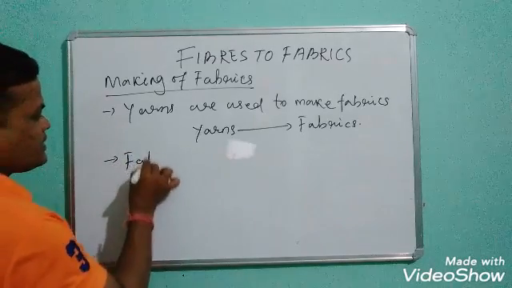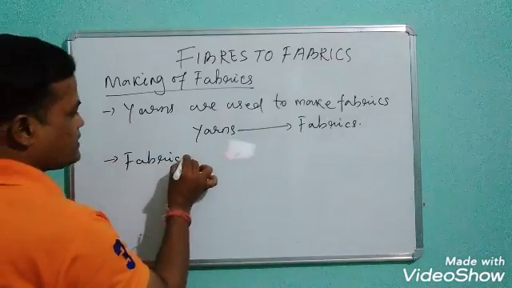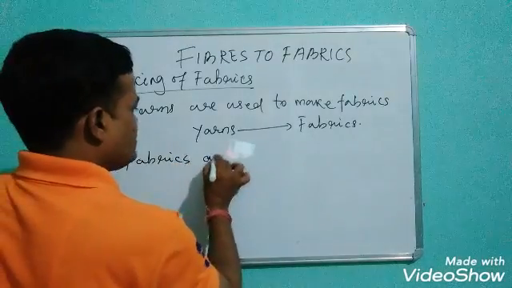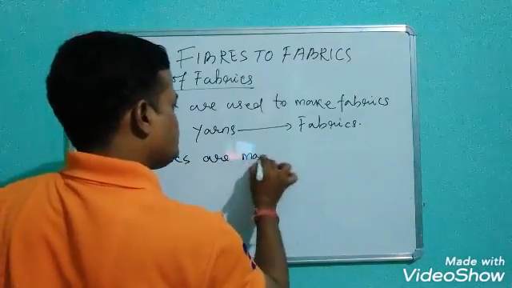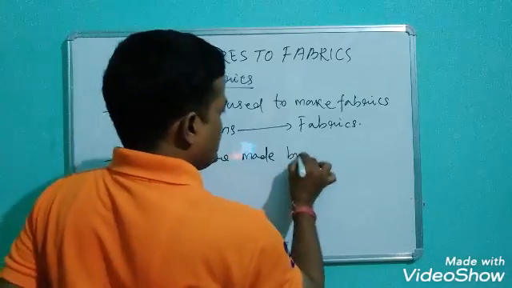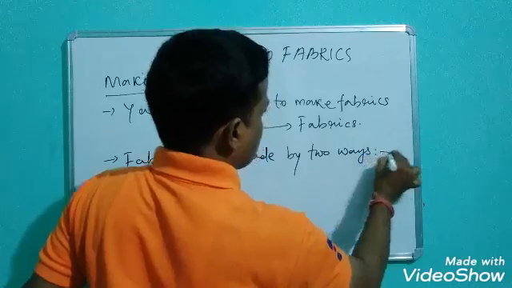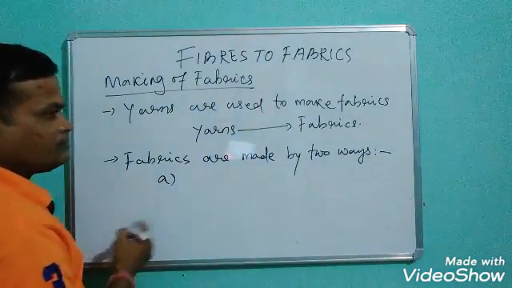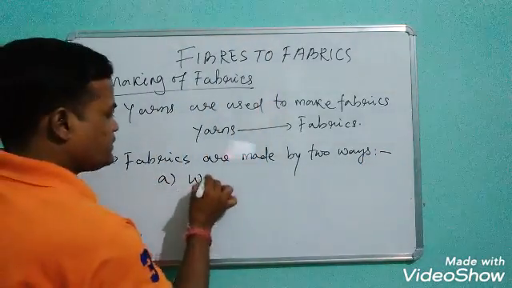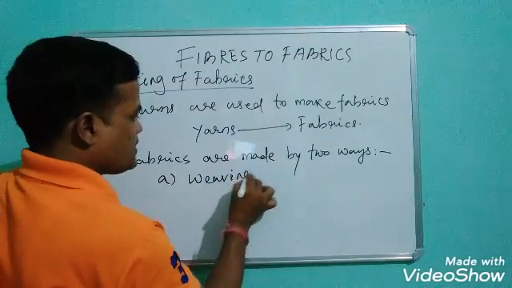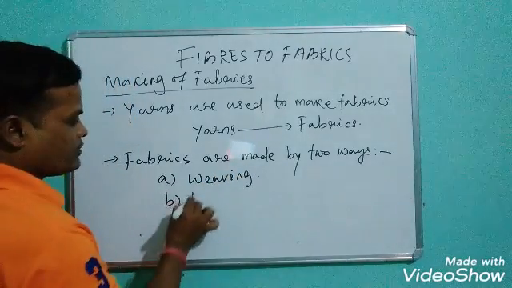Fabrics are made by two ways. Number one is weaving, and number two is knitting.